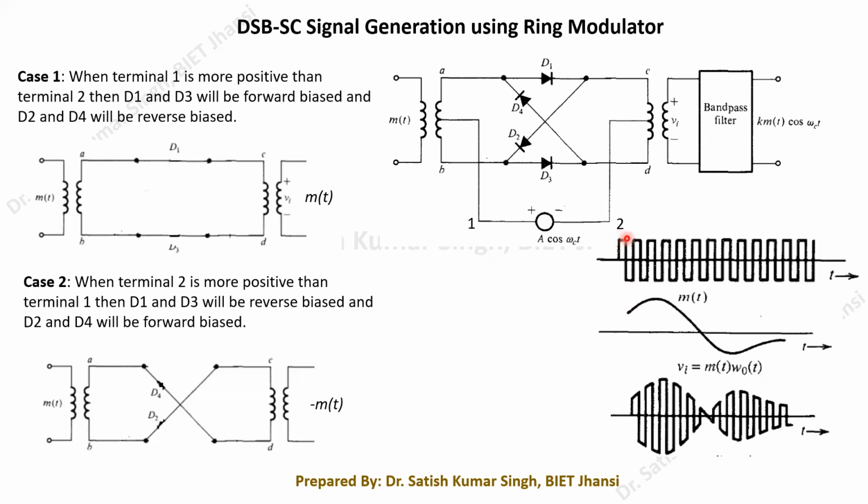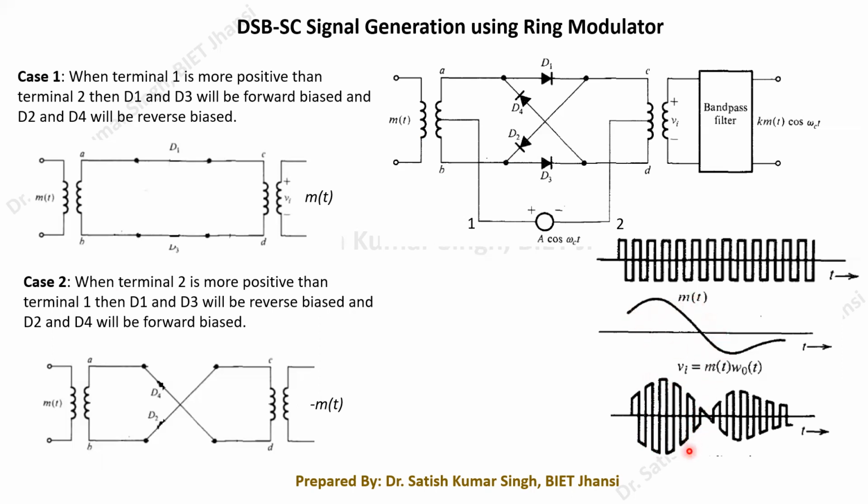Now when this becomes negative, at this point the output is going to be minus m(t). Here again we are getting minus m(t), the negative half. Again in the positive half it should be m(t). So we are going to get again m(t), then minus m(t), then m(t), then minus m(t), plus m(t), and so on.